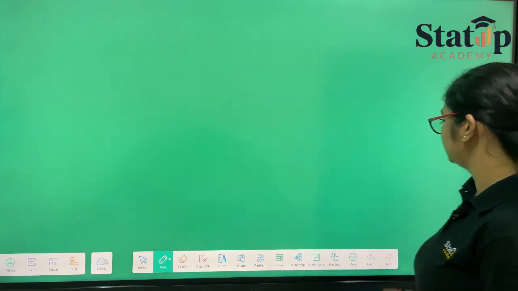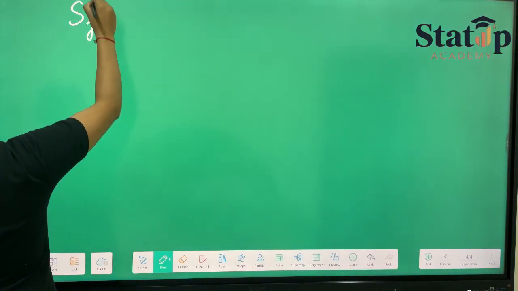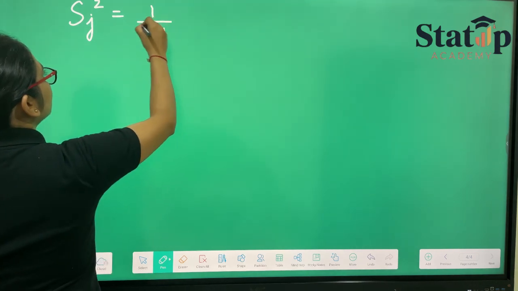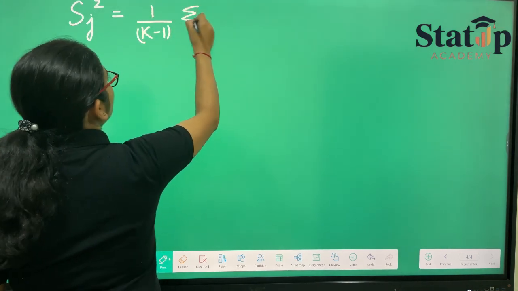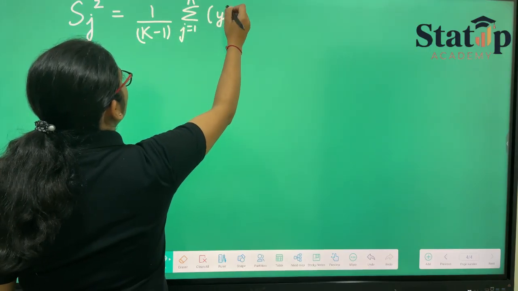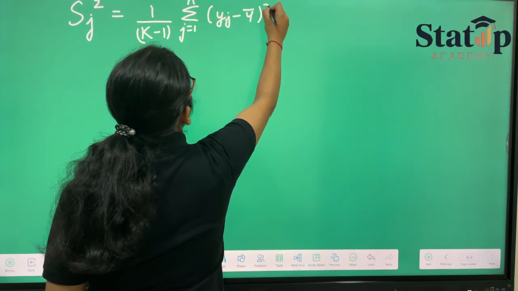Now we know that s j square is nothing but 1 upon k minus 1 summation j goes from 1 to n, y j minus y bar whole square.